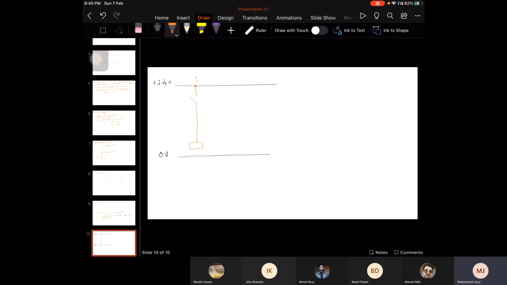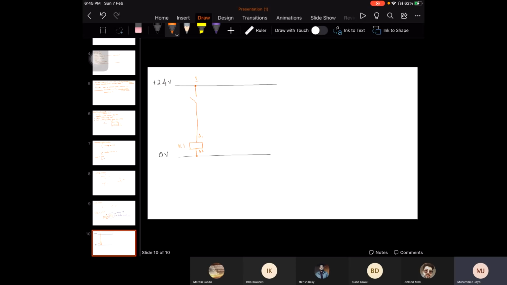Okay, and we say this is K1. This is the A1 point of the relay. The A2 point of the relay goes to the ground. Always make sure that the point A2 of the relay or the contactor is connected to the ground line.